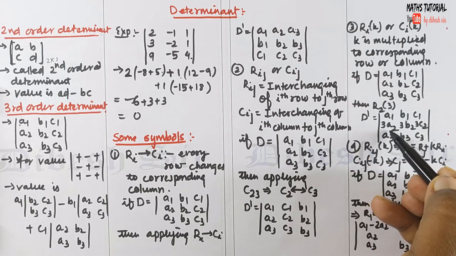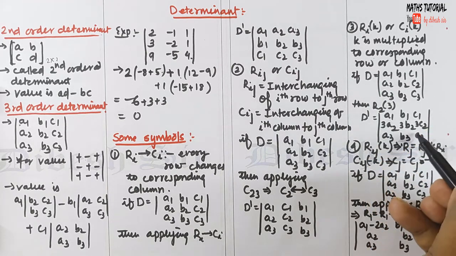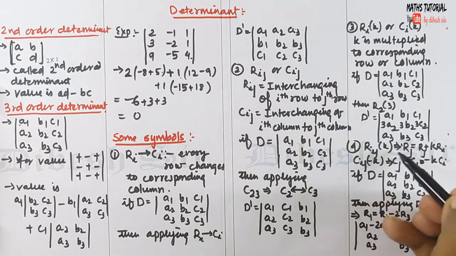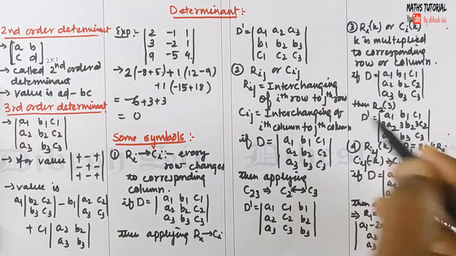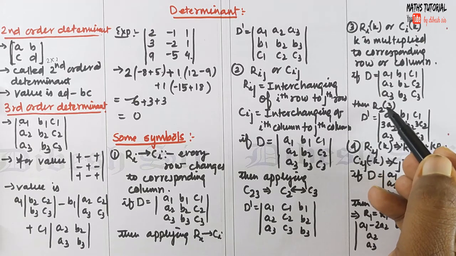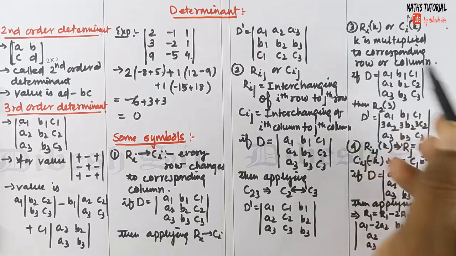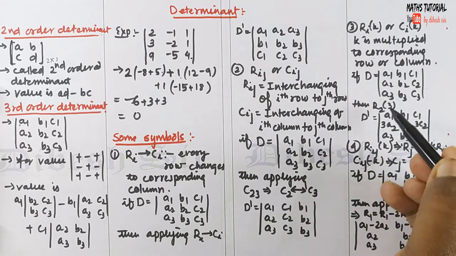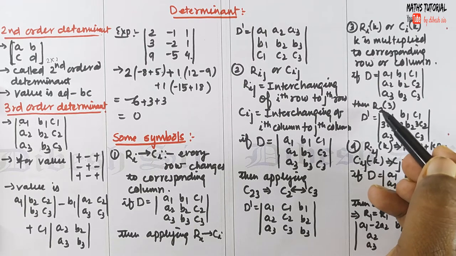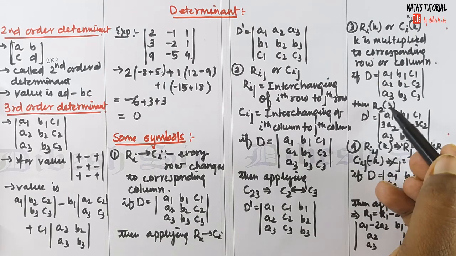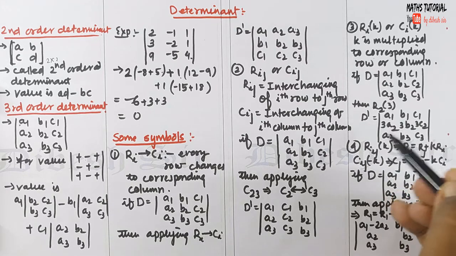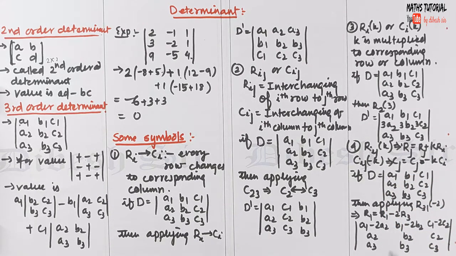So we'll get 3 A2, 3 B2, 3 C2, and A3 B3 C3. So here in matrix, if 3 is multiplied, then it will be multiplied with all entries. But here, if 3 is multiplied with R2, it is only multiplied with particular row or particular column.